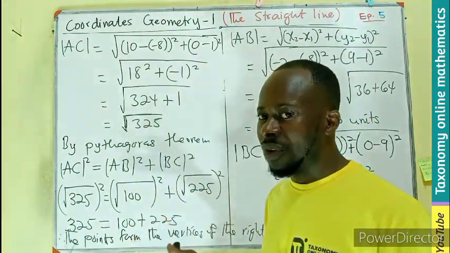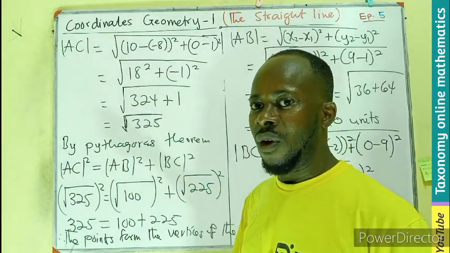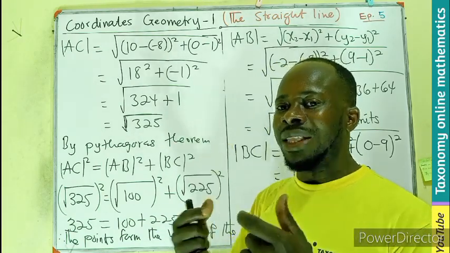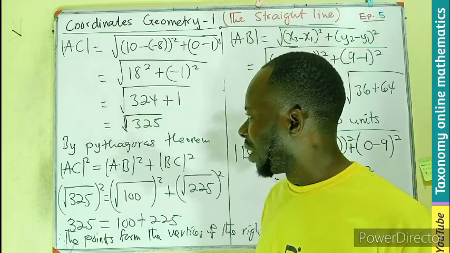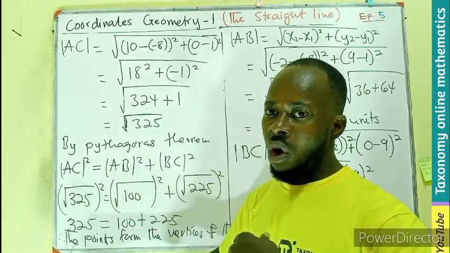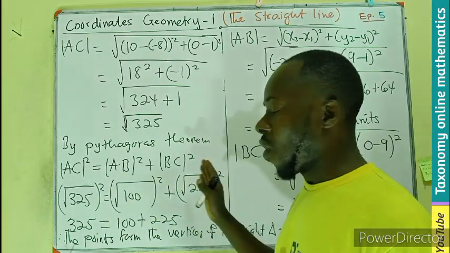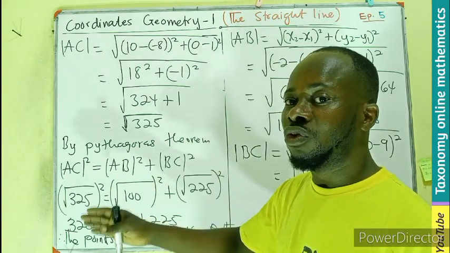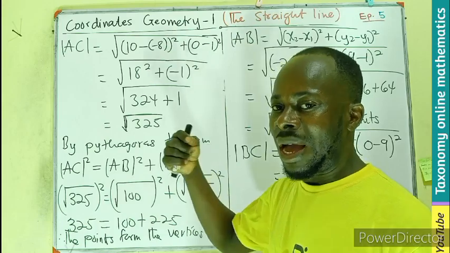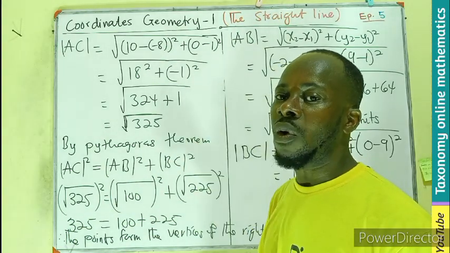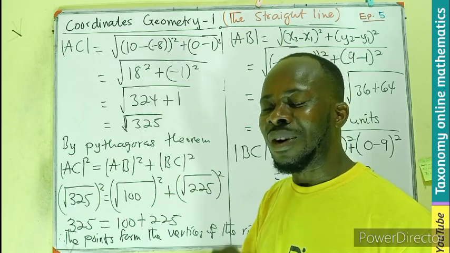The only way you can prove it is finding the length of all the sides. As long as the lengths form a Pythagoras triplet, meaning if you find the square of the longer side equals the sum of the squares of the two shorter sides, you are going to get your vertices being part of the right angle triangle.